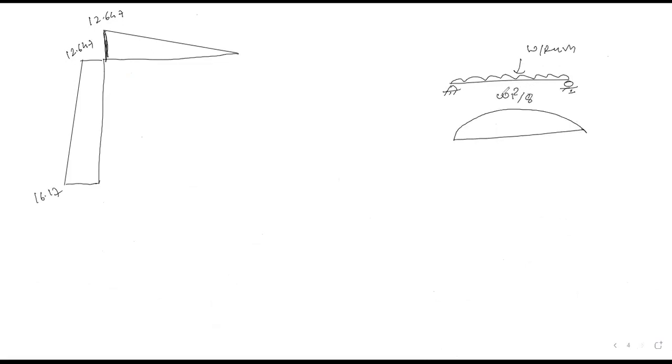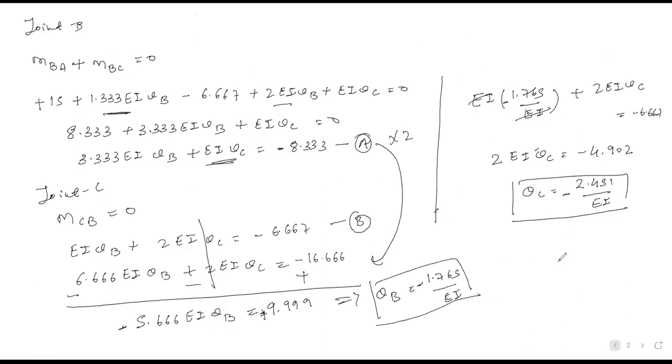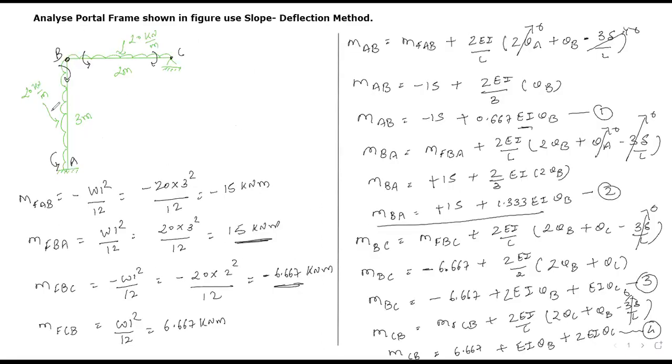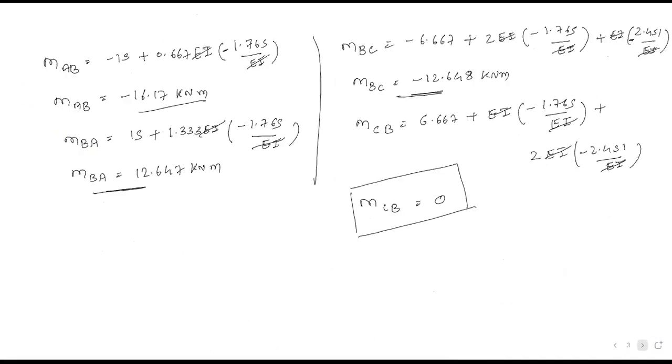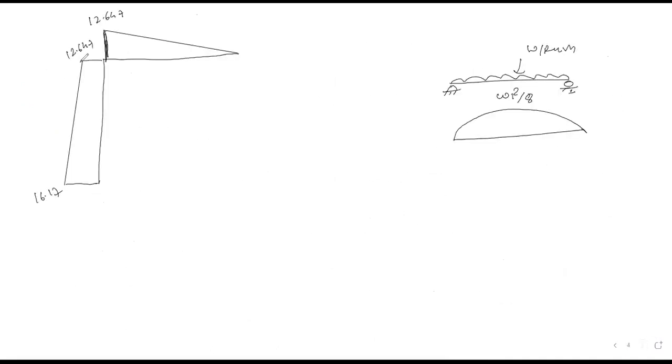wL square by 8. So you have to calculate bending moment just like this for a column as well as beam. So in first case, your length is 3 meter, load is 20. So 20 into 3 square divided by 8, so our value will be 22.5. Okay. And just see here, 22.5 is bigger than 16.77 and 12.647. So you have to draw a rough diagram.